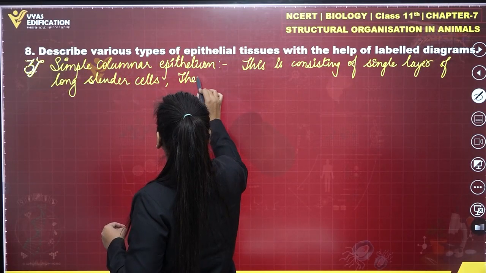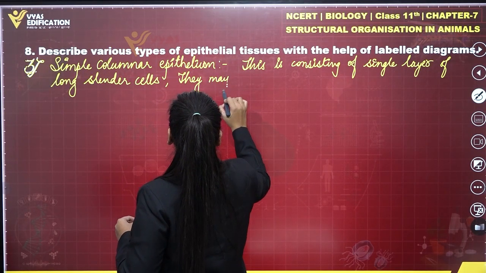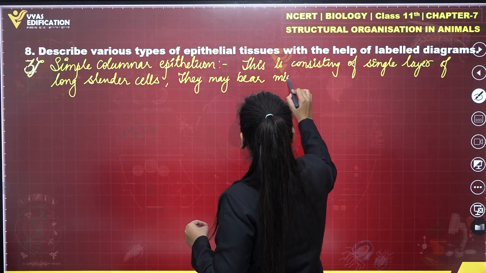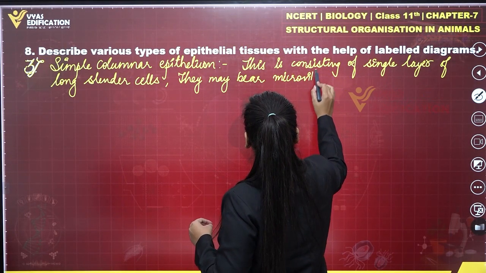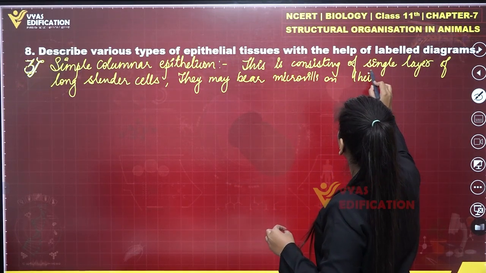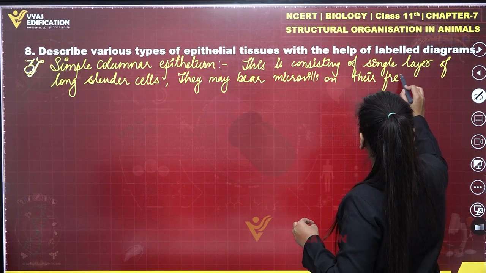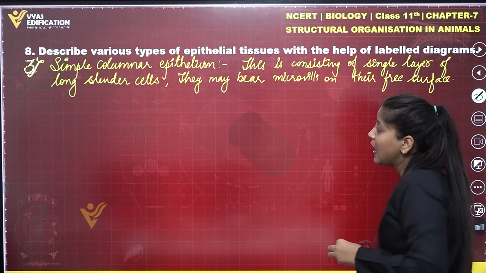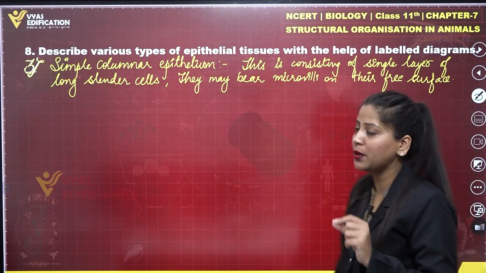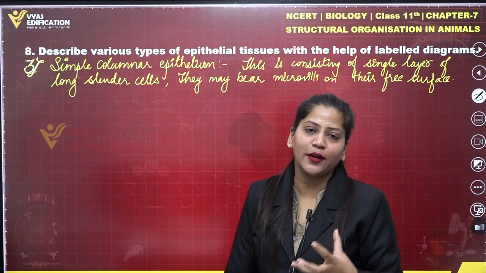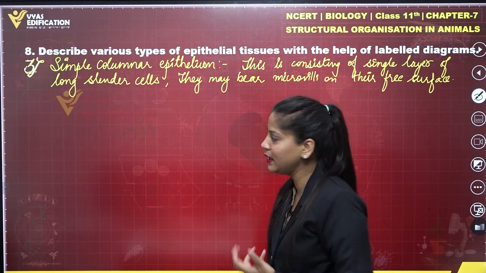They may bear microvilli on their free surface, right? And you will find the simple columnar epithelium in the lining of stomach and intestine where the absorption and secretion is taking place.